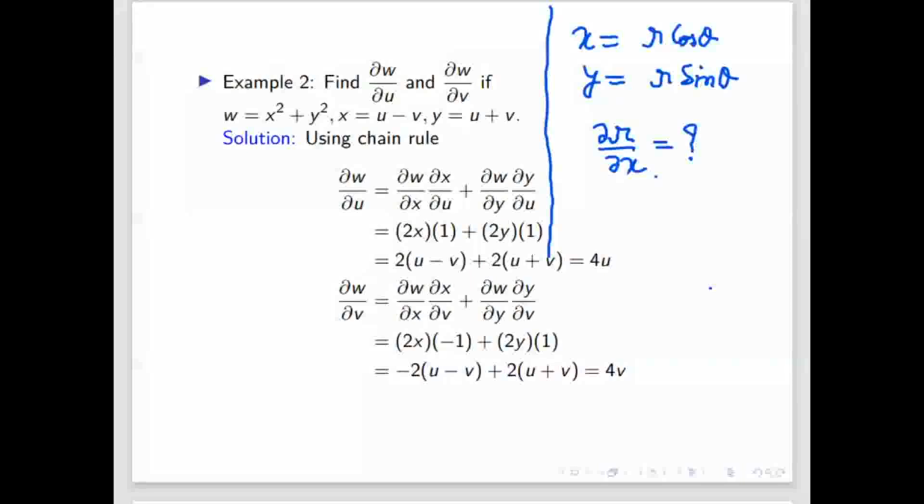The question is, find del r by del x. x square plus y square equals r square, not r.